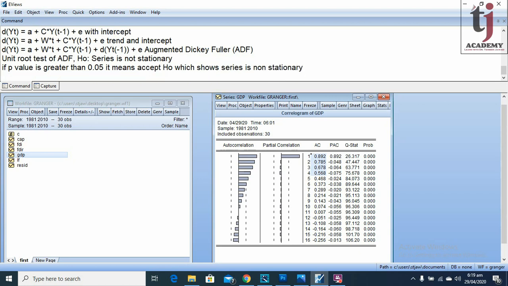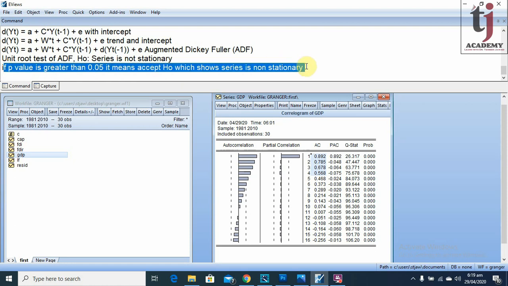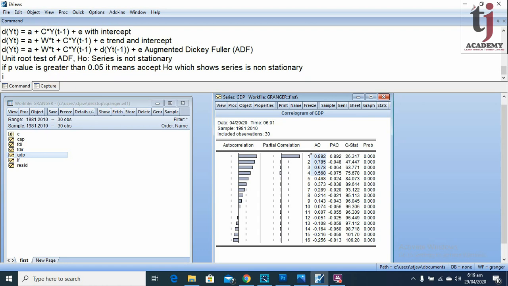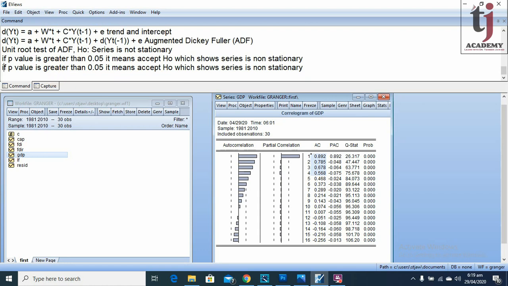On the other hand, if the p value is less than 0.05, it means reject H naught, which shows the series is stationary.